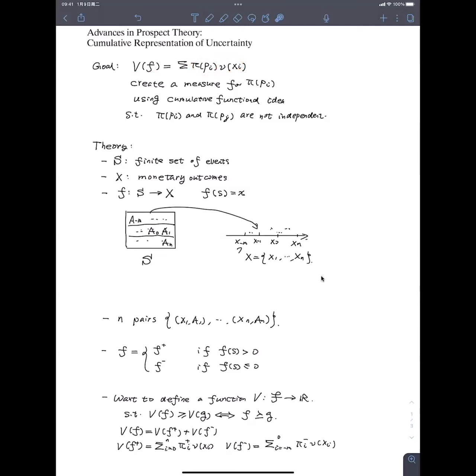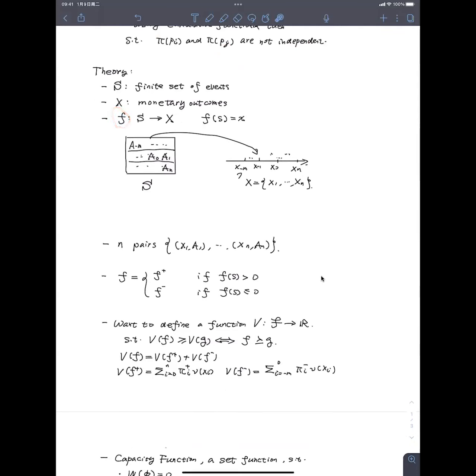In the theory, we create a functional to represent a lottery. The function is from a set of events to monetary outcomes. For example, when a specific event happens, we measure the corresponding outcome using monetary value, so the function goes from a set of events to a set of outcomes.